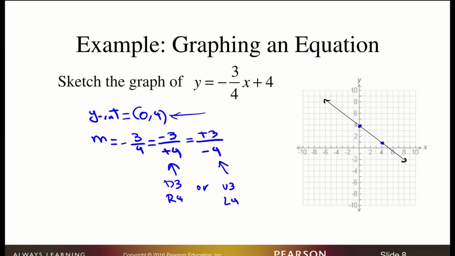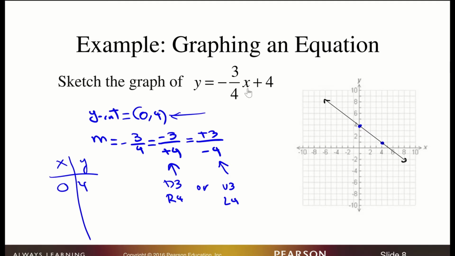Could we have used the table? Of course we could have, right? For example, we could let x be 0. That wipes out this term, becomes 0 plus 4. So (0, 4), which we already knew, right? There's 1 point. Then we can let x be any other point. So a clever point would be 4, so that we don't end up with a fraction.